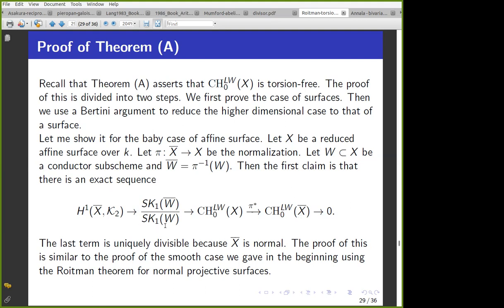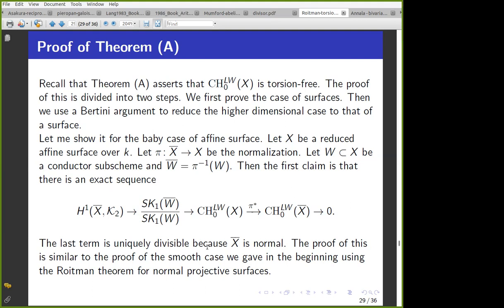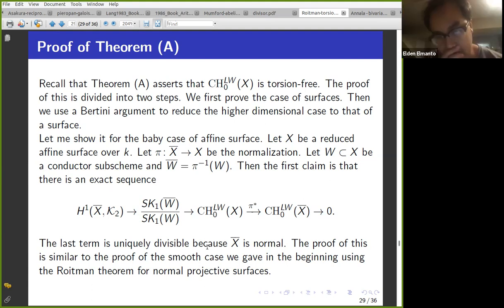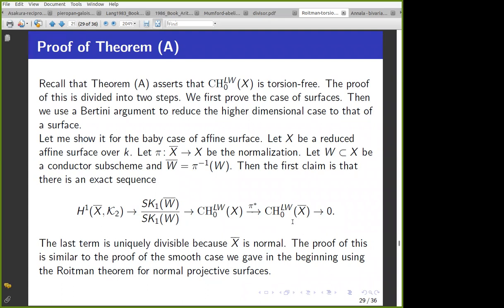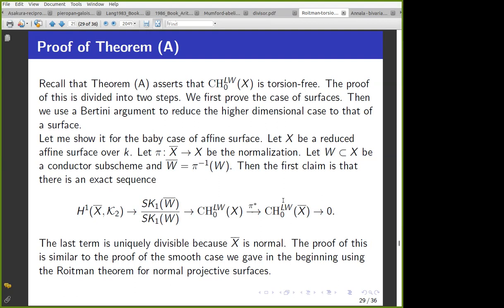Sorry, I have a question. So you do use a version of the Roitman torsion theorem for normal projective surfaces for this X bar? Yes, I do use it for surfaces. That's a very non-trivial input here.